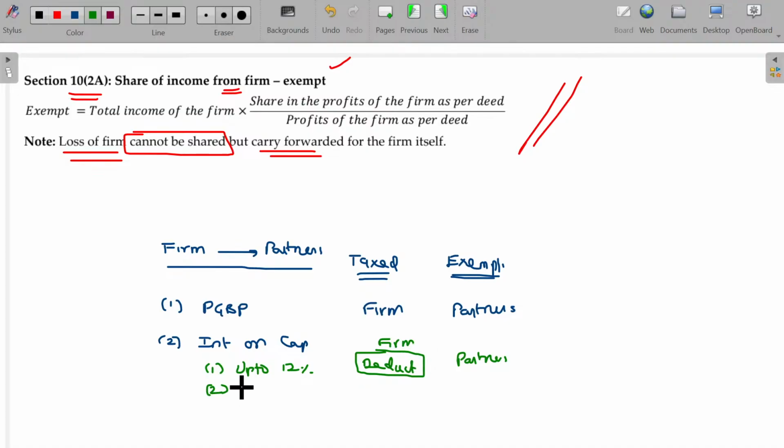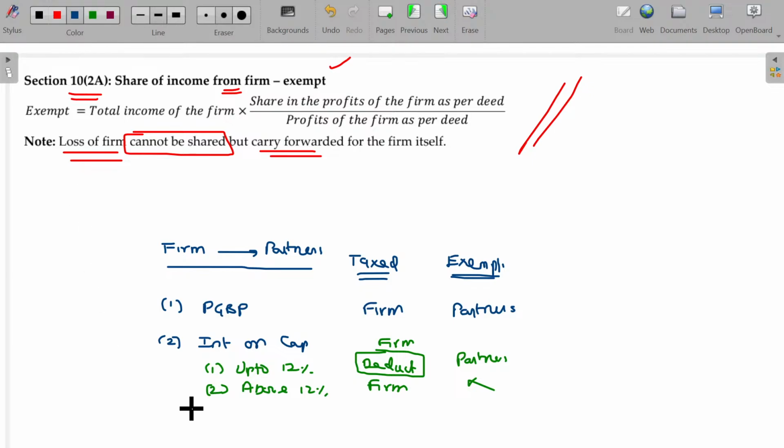Second, above 12% is disallowed. Disallowed means not deducted. It will raise the taxable income and the firm will pay the tax on this. And here the partner will not pay tax.